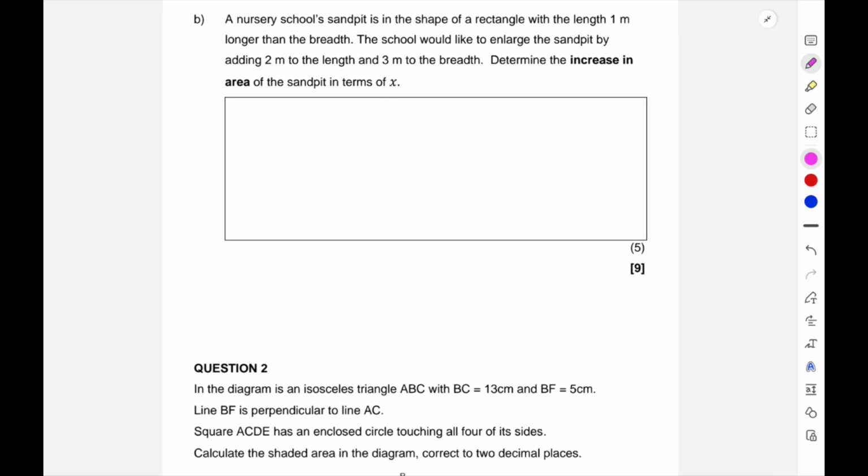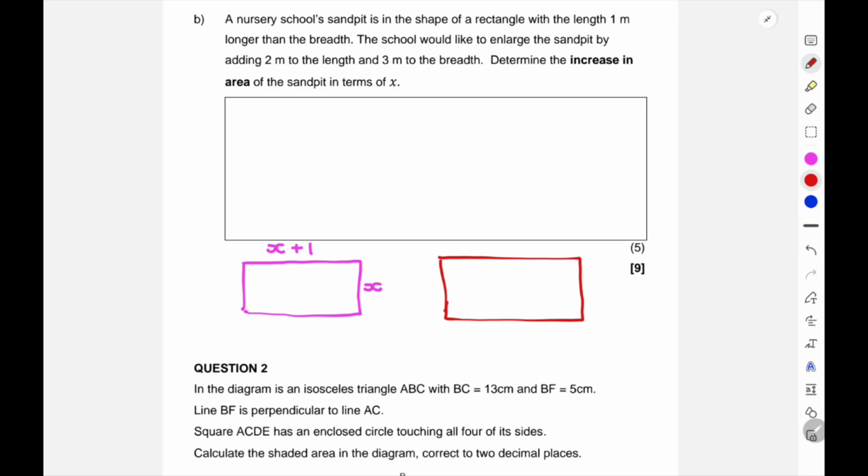Okay. All right. A nursery school sandpit is in the shape of a rectangle with the length 1 meter longer than the breadth. So can you see if this one is X, in terms of X, this one will be X plus 1. I hope that makes sense. The school would like to enlarge the sandpit by adding 2 meters to the length. Okay, so the length was 1 meter longer than the breadth.